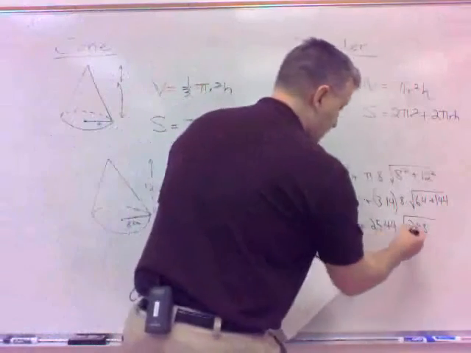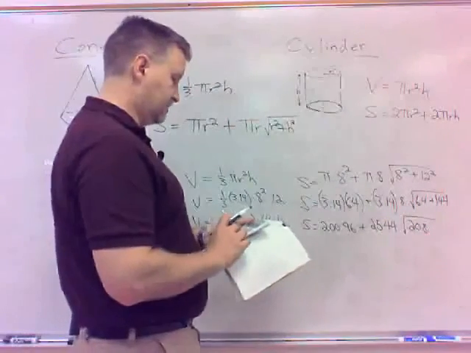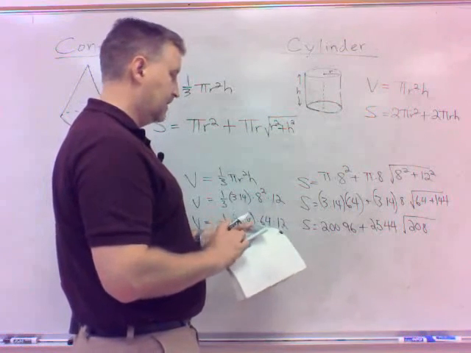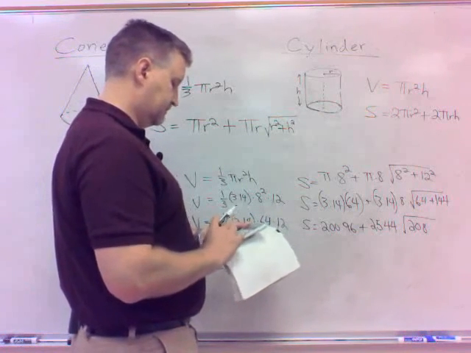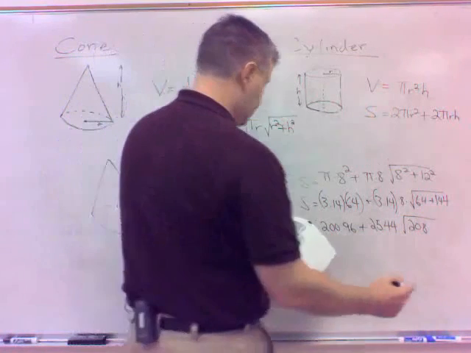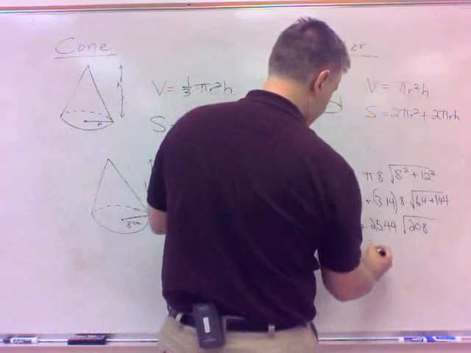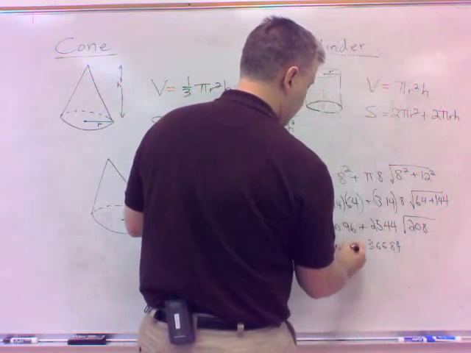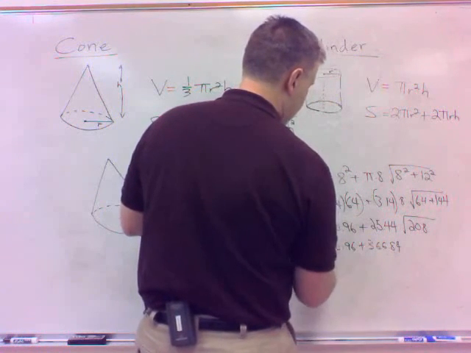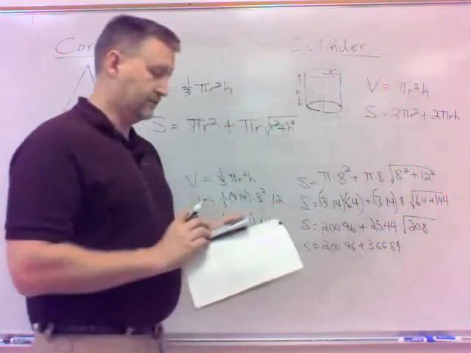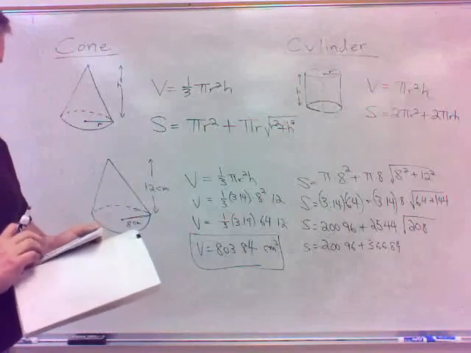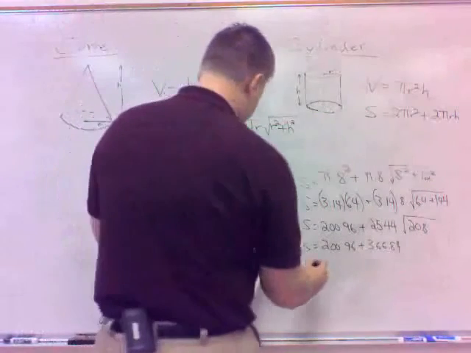So I'm going to multiply 25.44 times 14.42. First of all, that's 366.84. Then I add 200.96. Then I add those two together. Okay? So be careful with that. Get your order of operations right.